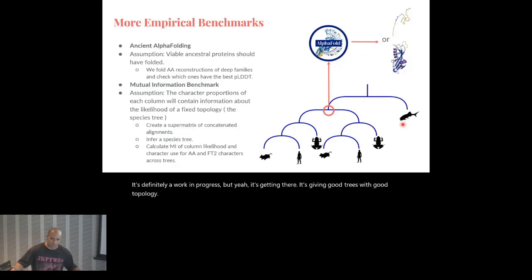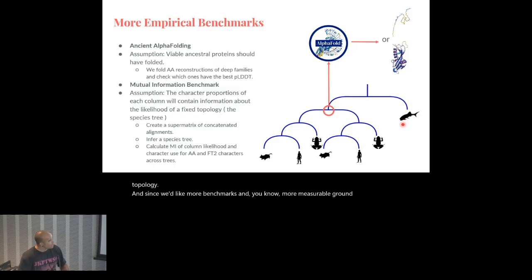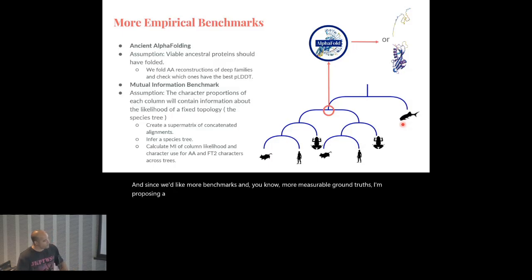And since we'd like more benchmarks and more measurable ground truths, I'm proposing a few new approaches now that we have maximum likelihood. So we're going to infer some ancestral character states and then try to go back to the amino acid and fold those and see if they do better than the amino acid-based reconstructions for those particular internal nodes in deep phylogenies.